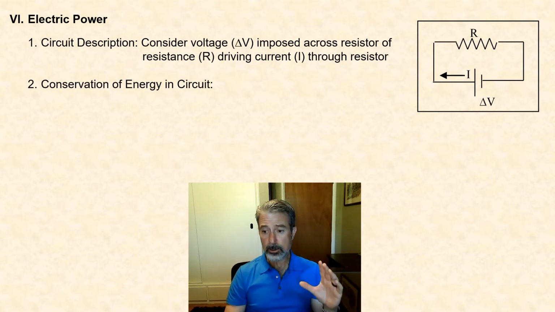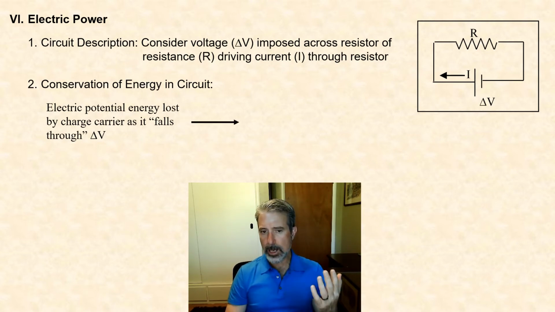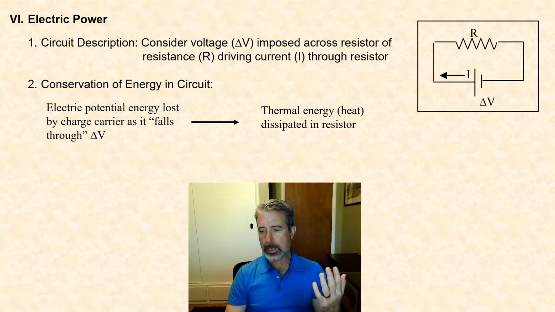So when we take a look at the energy conversions in the circuit and we apply the law of conservation of energy, we can think about this as follows. The electric potential energy that is lost as a charge carrier, typically an electron, moves from one terminal of that voltage source to the other, as it falls through that potential difference, that loss of potential energy gets converted into thermal energy.